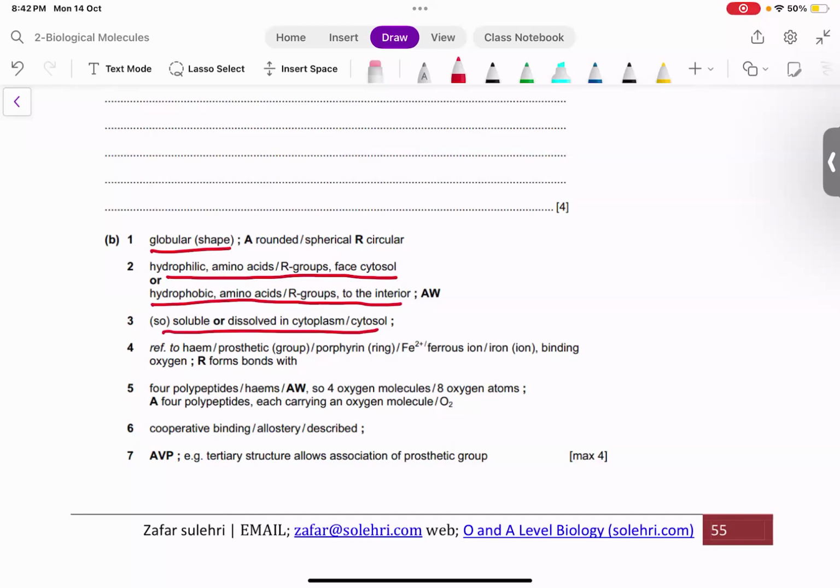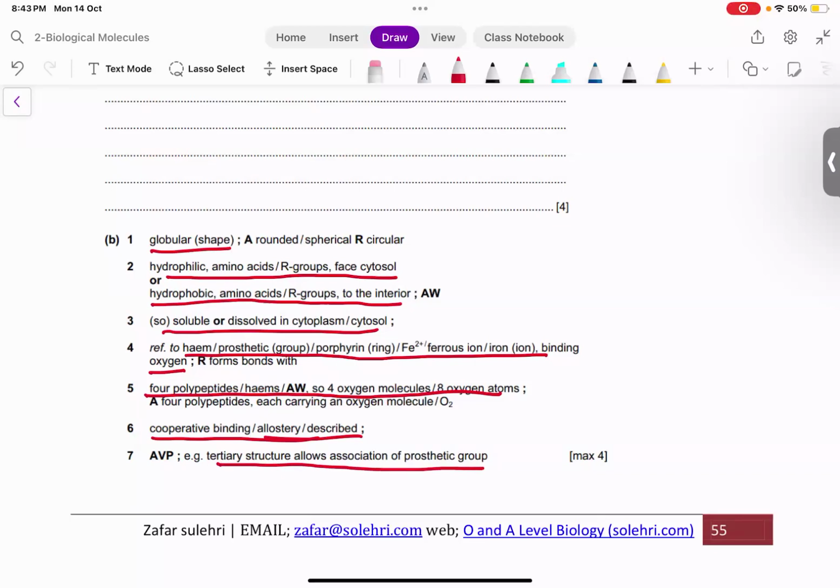And there is a heme group, prosthetic group, porphyrin ring, which binds with an oxygen. There are 4 polypeptides, so there are 4 oxygen molecules that can bind with it, and they bind by cooperative binding or the allosteric. Tertiary structure allows association of prosthetic groups. Okay, so this presence of prosthetic group with a polypeptide describes the tertiary structure. So that's how you can answer this question.